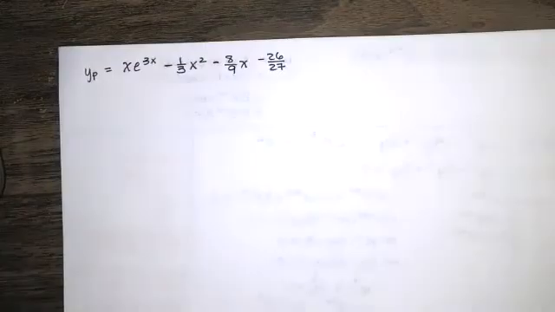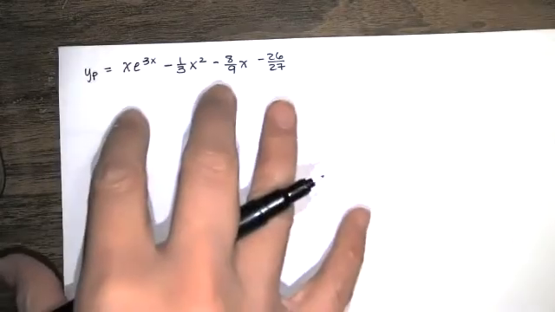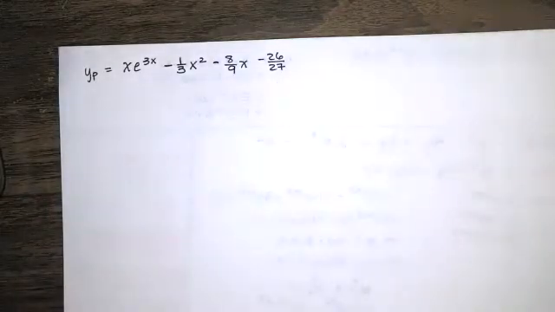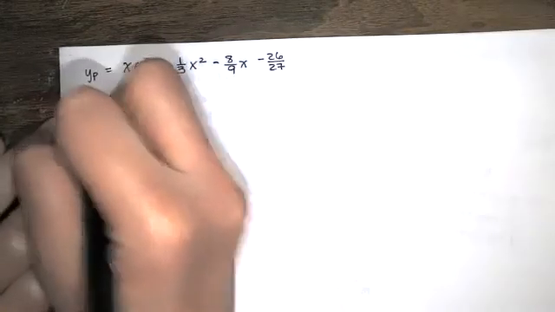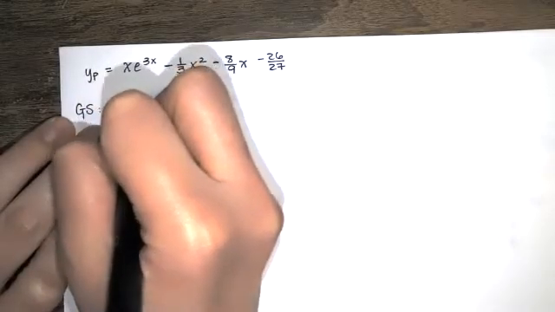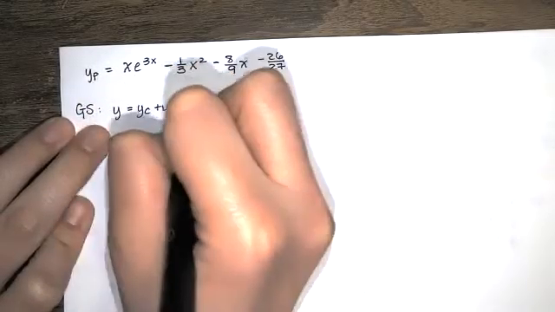So what that process is telling us is that if y sub p is equal to this, then this function satisfies that differential equation. Now we're not done solving the differential equation yet. Remember, the general solution to the differential equation is y sub c plus y sub p.